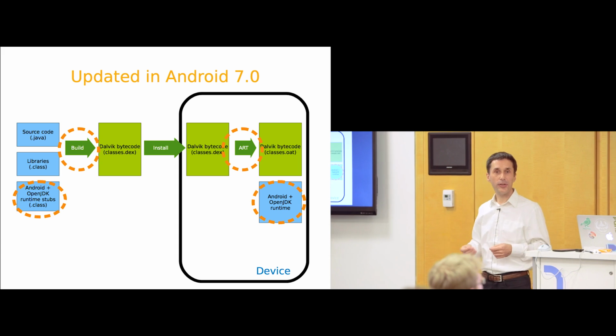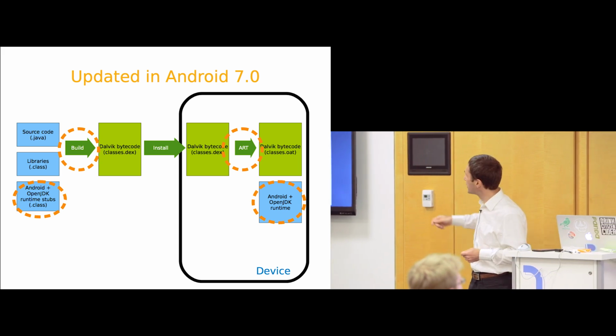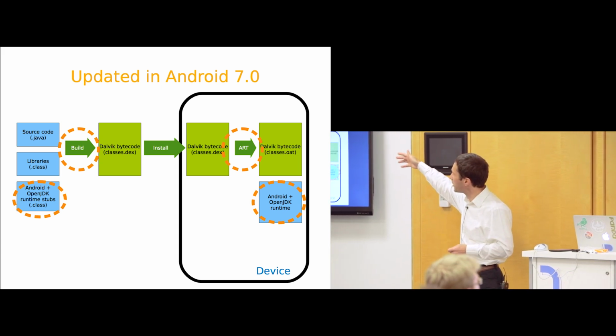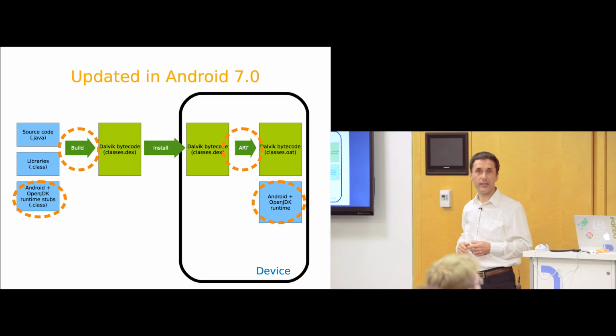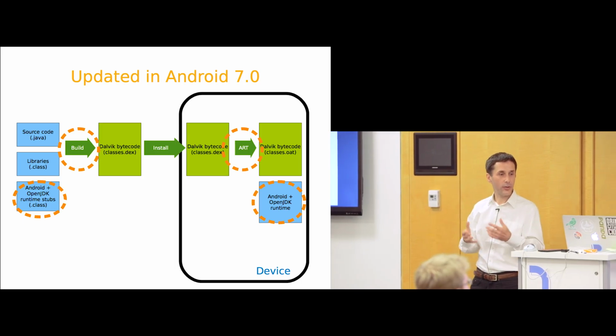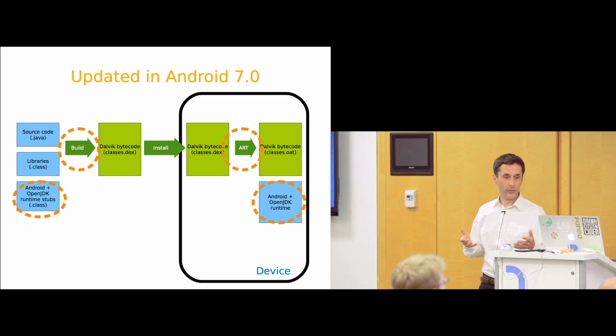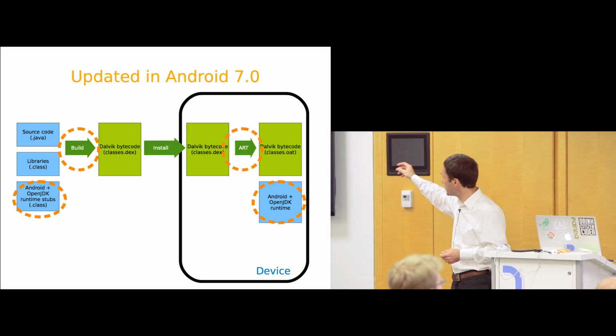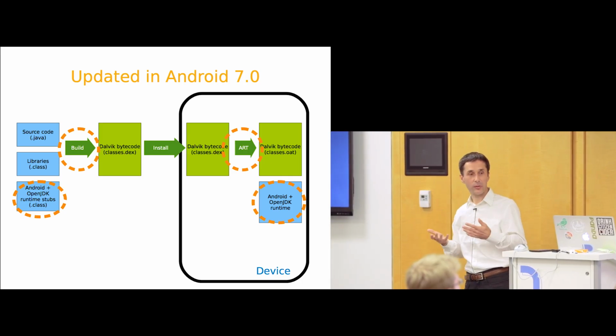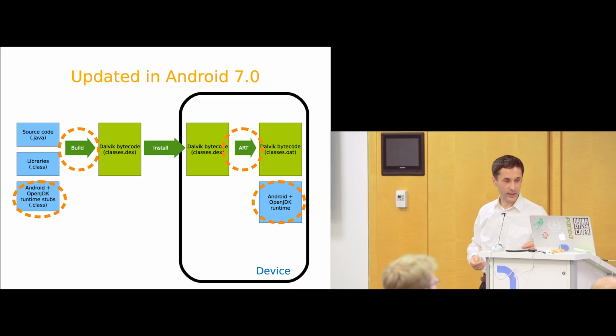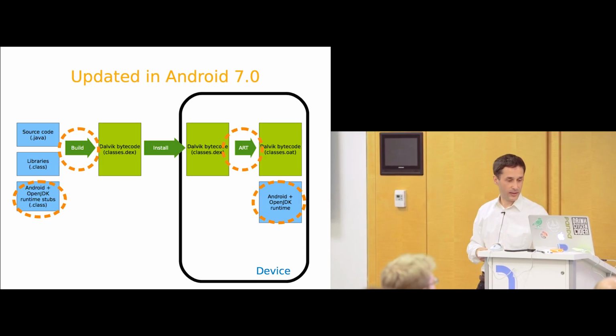And if you want to use those default methods, you'll have to have Android 7 because there is a change required in the ART runtime. That's the virtual machine that you have on Android 7. And you also need the OpenJDK runtime, of course, to make use of the additional implementations in the runtime.